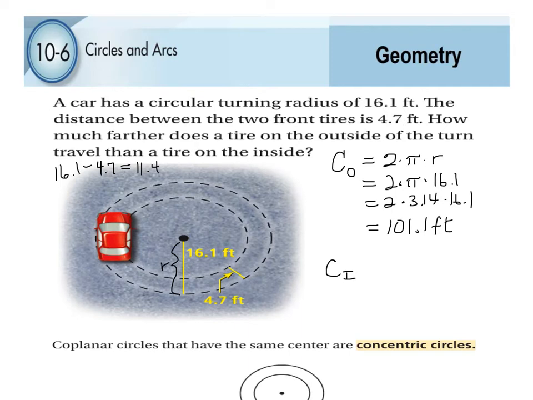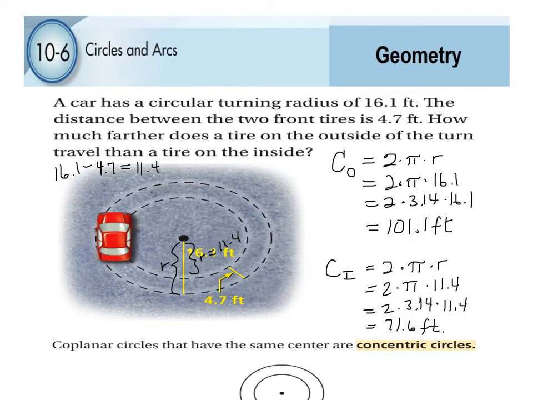So the radius of the inside circle, which is here, is 11.4. So 2 times pi times r, 2 times pi times 11.4. Again, I'm using 3.14 as my pi, and I would get this to be 71.6 feet.